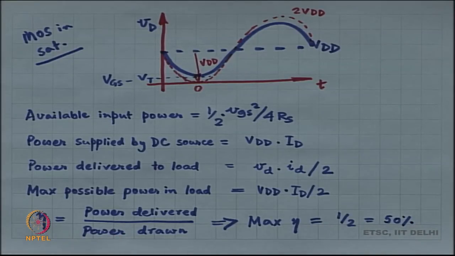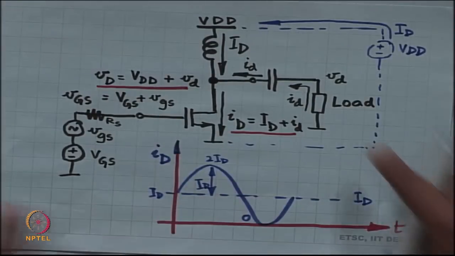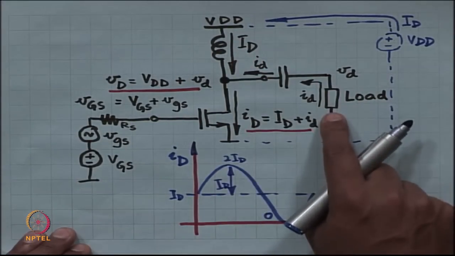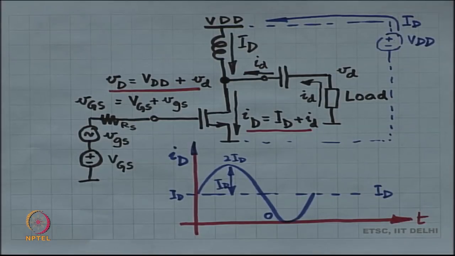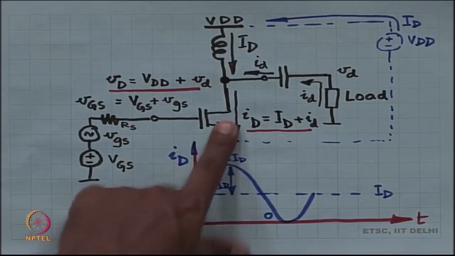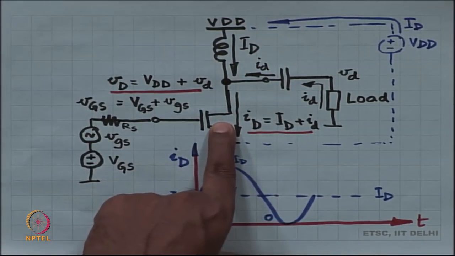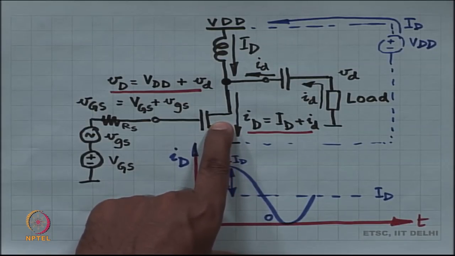So, if I draw energy from the supply, only half of that is going to be delivered to the load. Where is the remaining half gone? The remaining half obviously has gone into the MOSFET. The MOSFET must have burnt it as heat, because there is no other power consuming device over here.